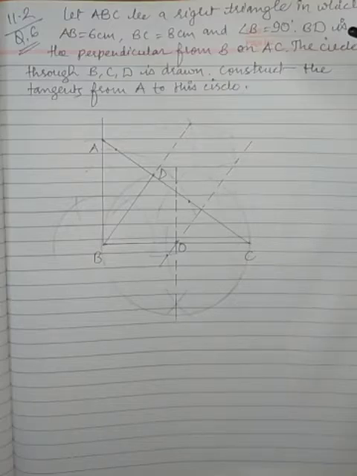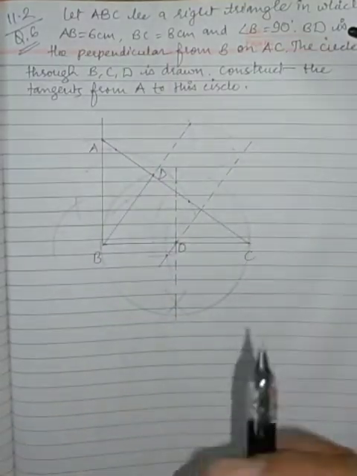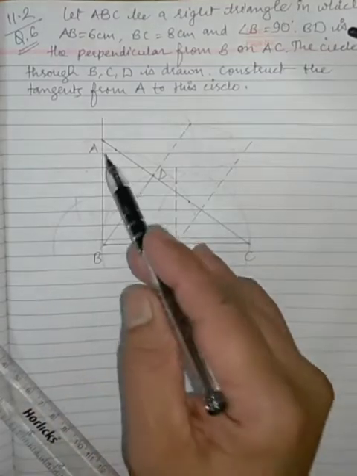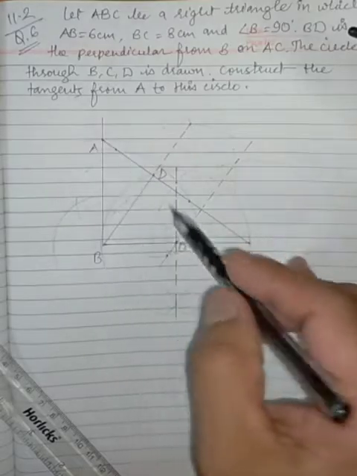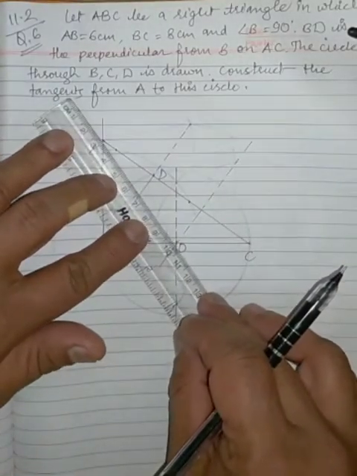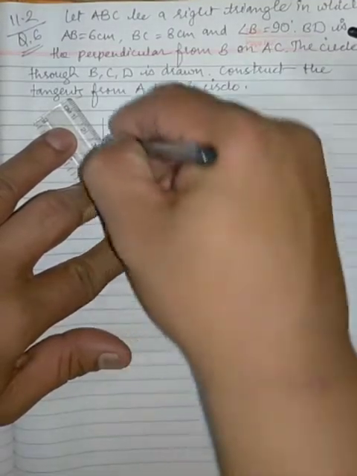Now we have to draw tangents from point A to this circle. So now A is working as the external point outside the circle. So as we all know, first of all the external point we have to join to the center of the circle.